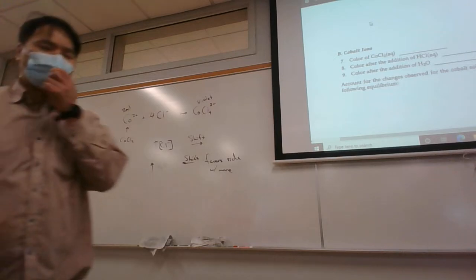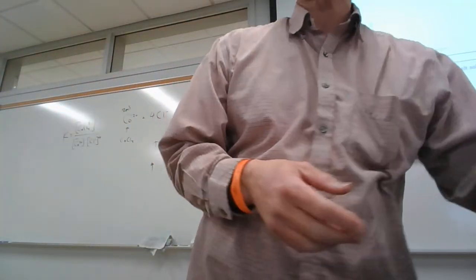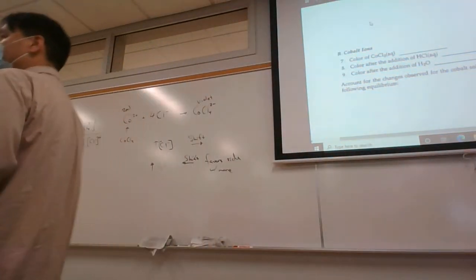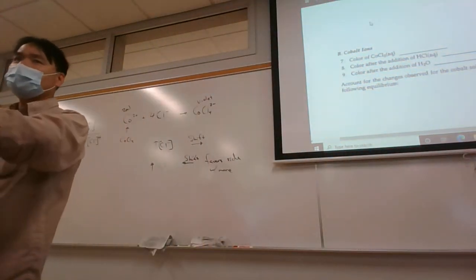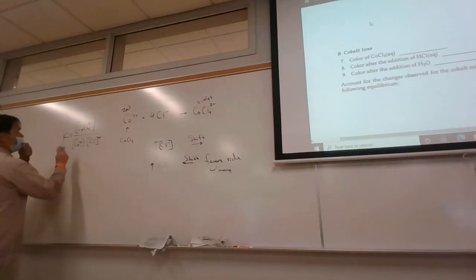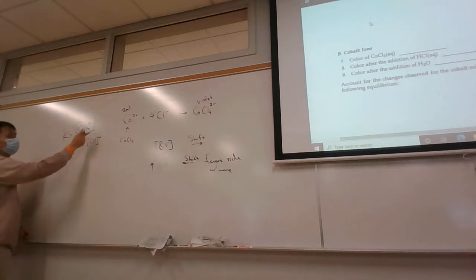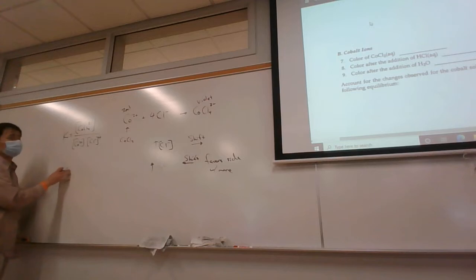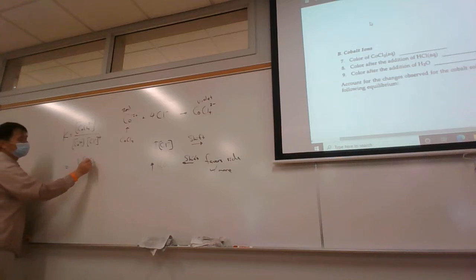Now, if we cut the concentration in half for everything, this is just an example. So let's say we double the volume. If we double the volume by adding an equal amount of water, this is what we're going to have compared to the original. The original is at equilibrium. And so if we double the volume of everything, that's going to be 1/2 times the original concentration of the tetrachlorocobaltate.